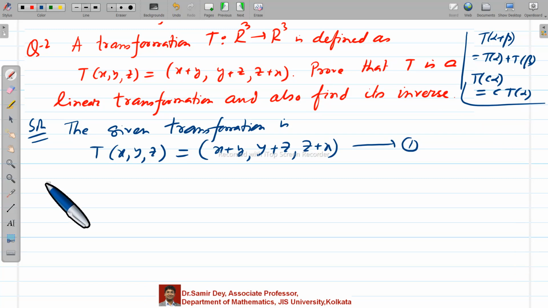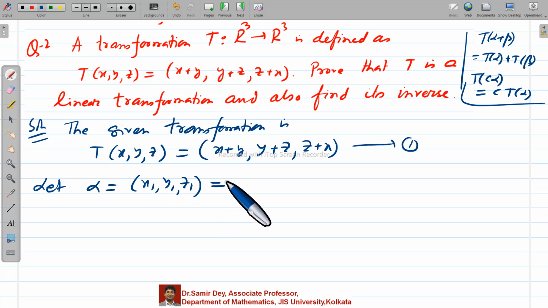Okay, so write down: let alpha is equal to x1, y1, z1 belonging to R cube. That means this one is the domain.